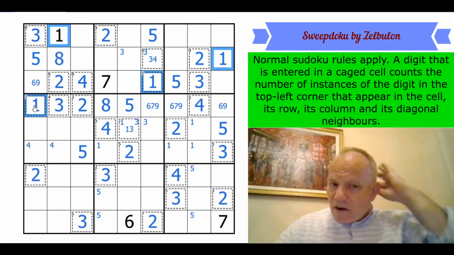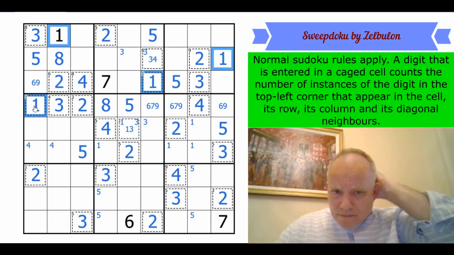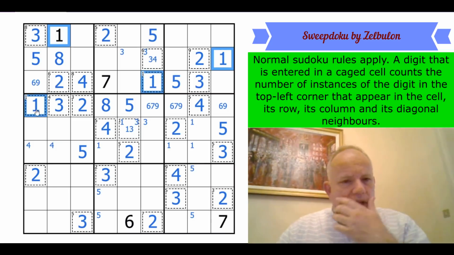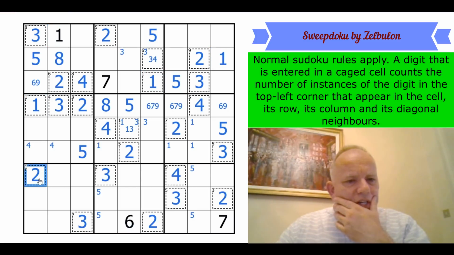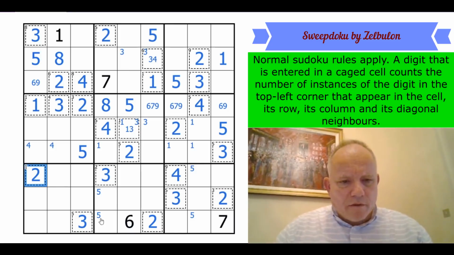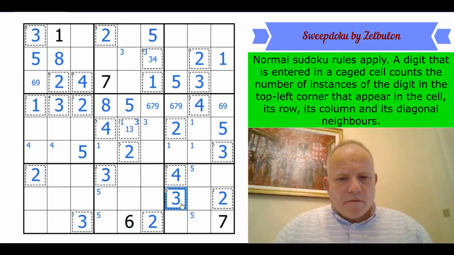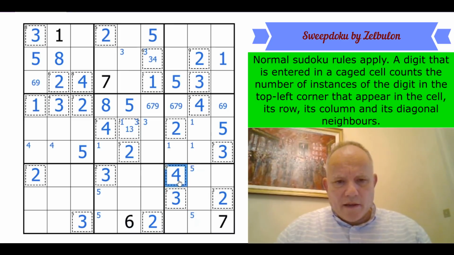1s, ooh, not very many filled in. That's weird. This one is seeing... No, it's resolved. Right, this is seeing 3 5s, that puts 1 there.